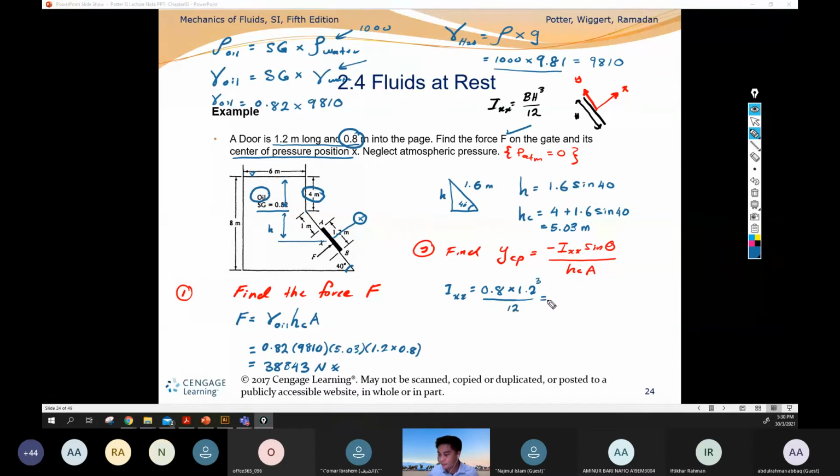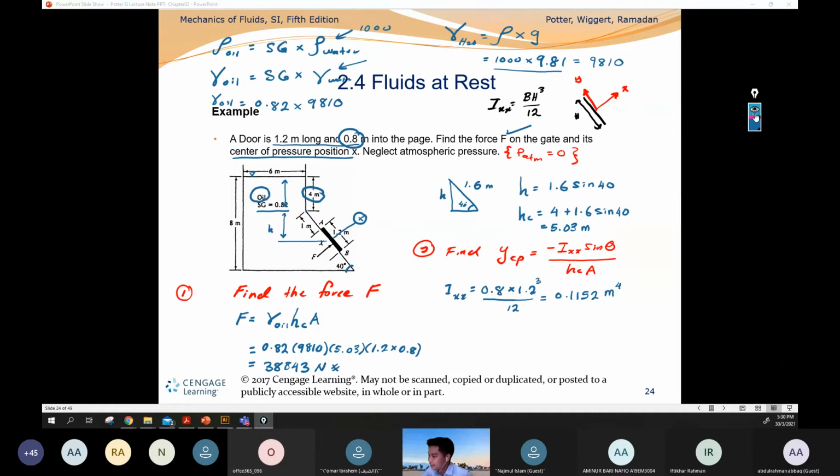So what's the value? 0.1152. What's the unit? Meter to the power of 4. Yes.